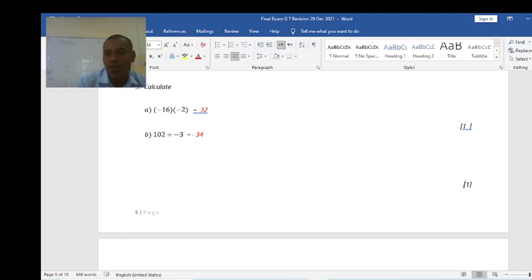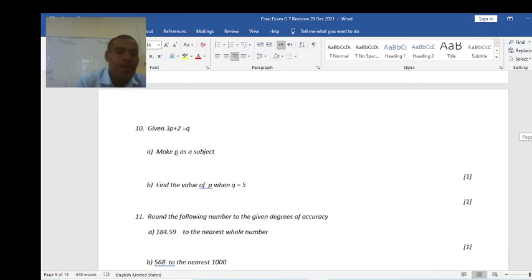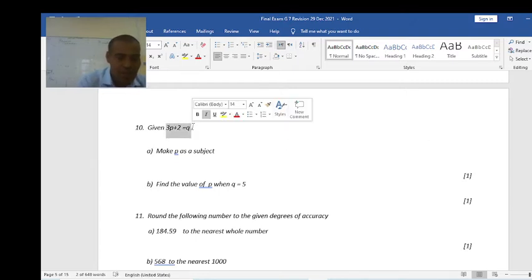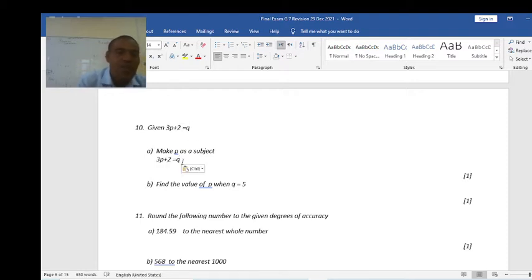Now for the second question, we have, learners, given 3p plus 2 equals q. This is my equation. I want to make p the subject. So first of all, this plus 2, I will transfer there, it will be negative 2.